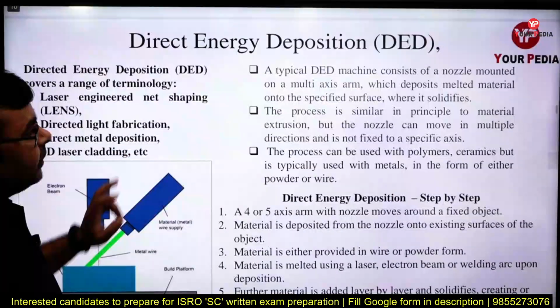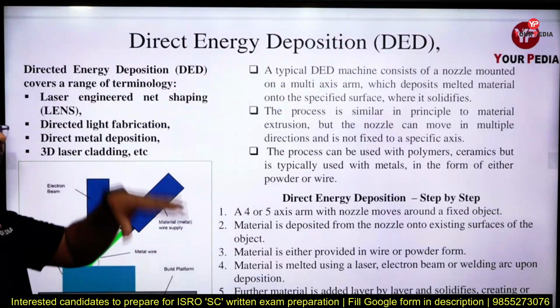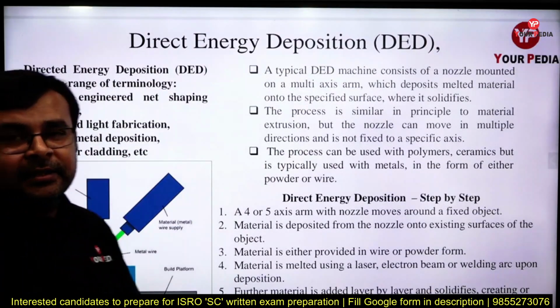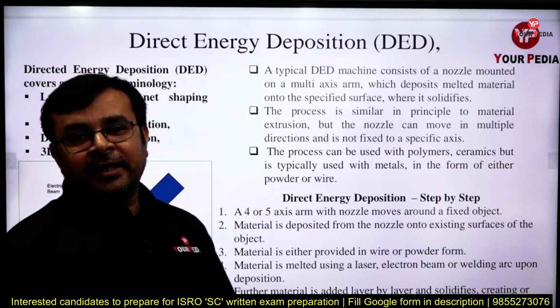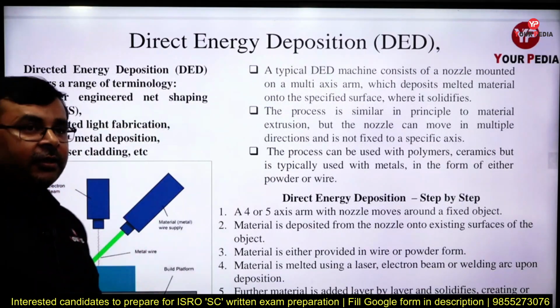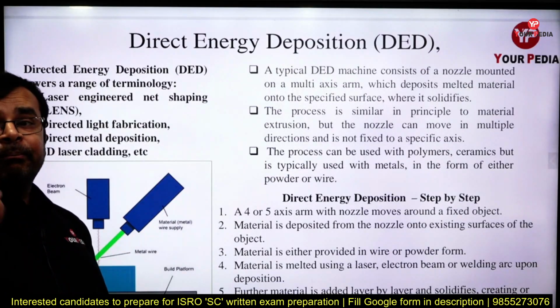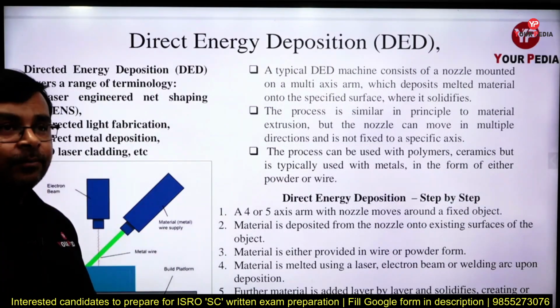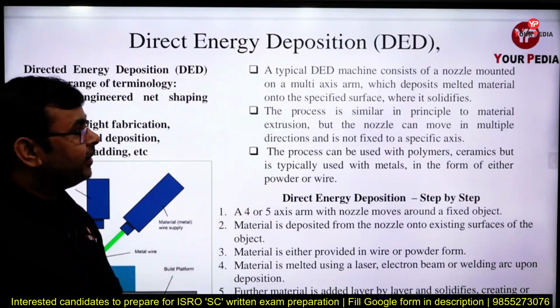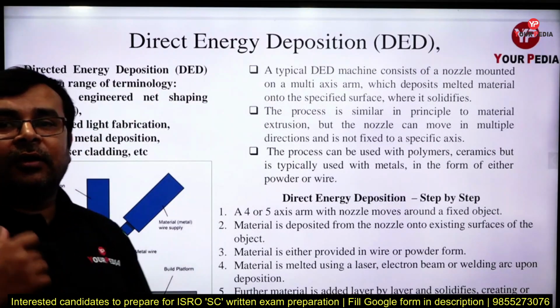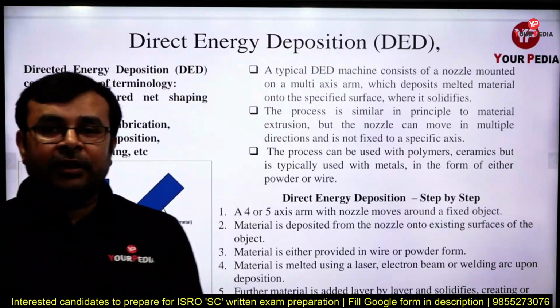Okay, so next method. In the previous methods we used plastic as a feedstock material. Now we have a technology which uses metal as a feedstock material. This is called the direct energy deposition method, also called DED.